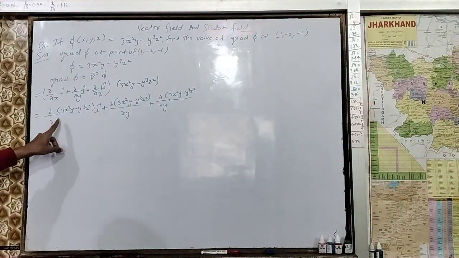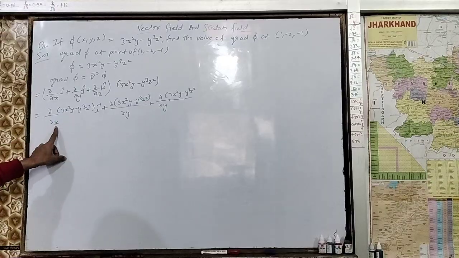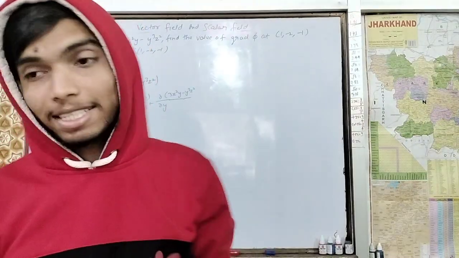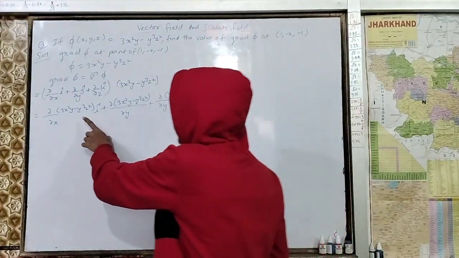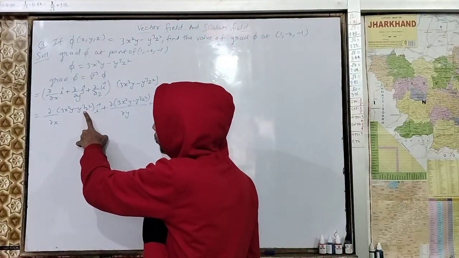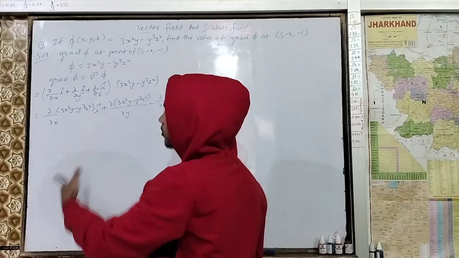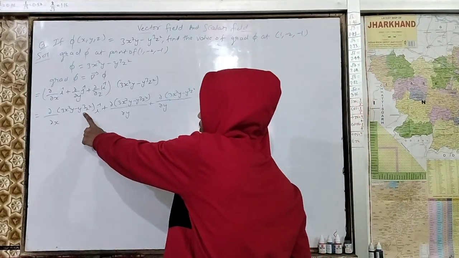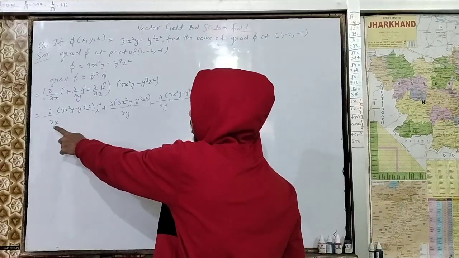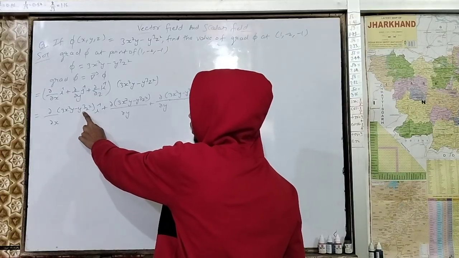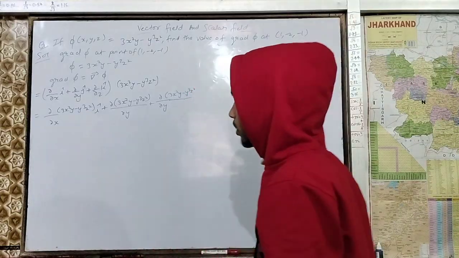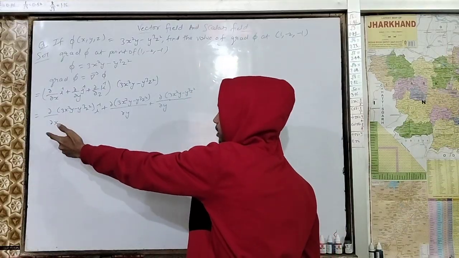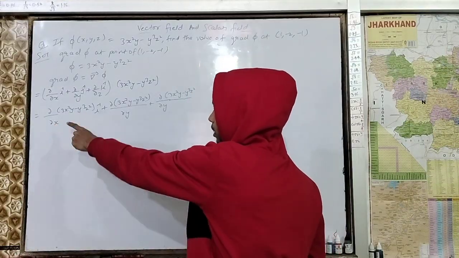First of all, we will differentiate with respect to x. Partial differentiation of this term with respect to x will become 0, because there is no x in it. We are differentiating with respect to dx, so this other term will not be 0. y will come out as a constant.